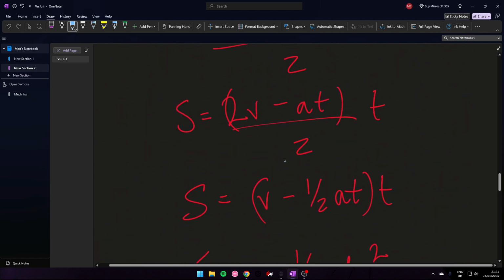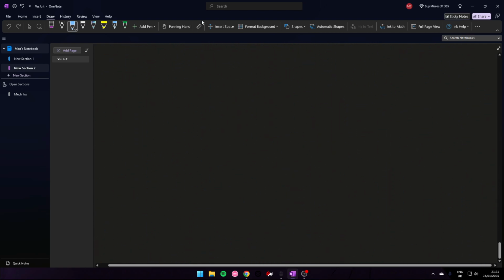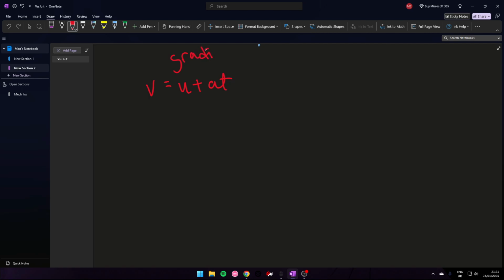And that's essentially it for all of the different equations. So we're finally left with v is equal to u plus at, from the gradient. From the area under the graph we got s is equal to v plus u over 2 t.